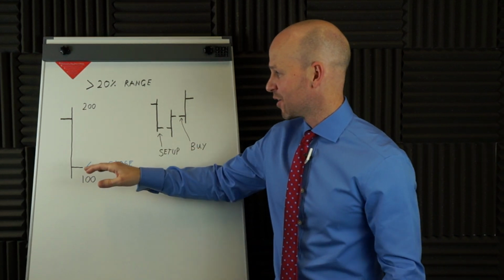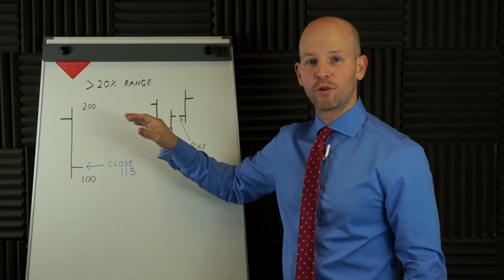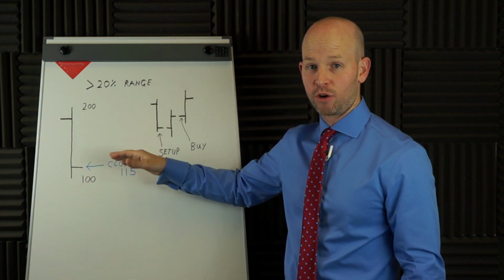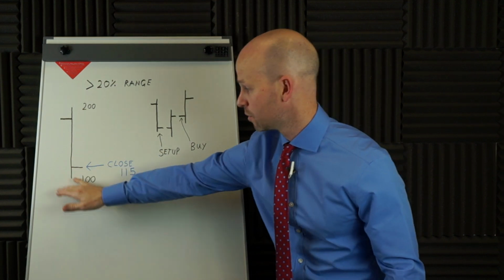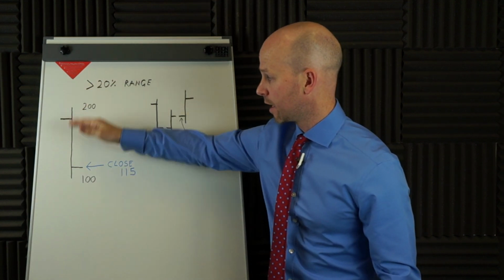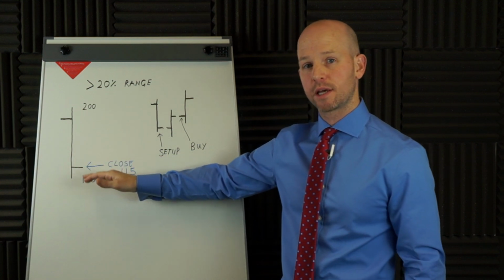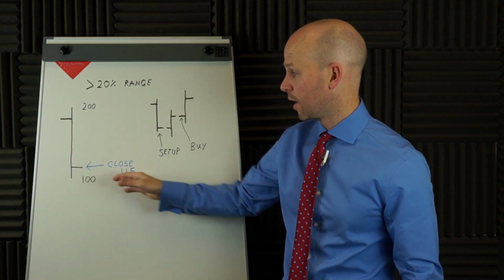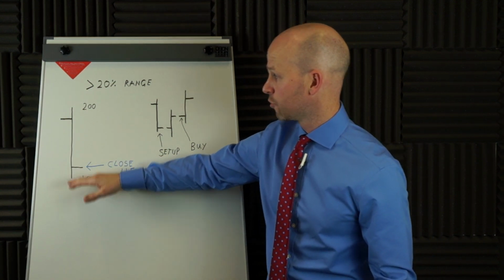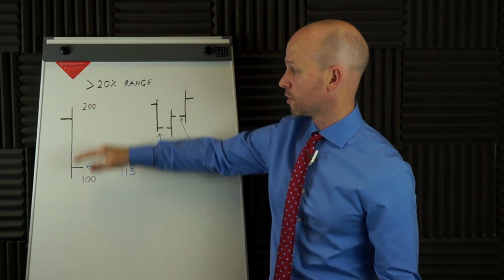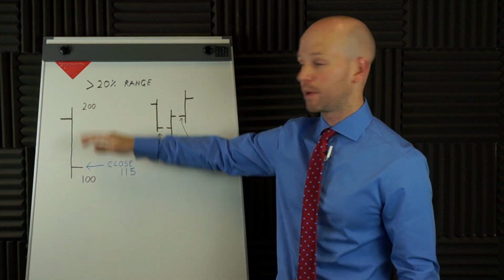So what we want to see for a setup to buy or to go long, we want to see the closing price, which is here. We want to see it in the very lower 20% of that daily range. So let's say that the low was 100 and the high was 200. So we had a range there of 100 pips.